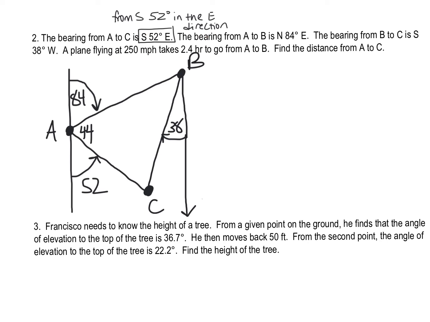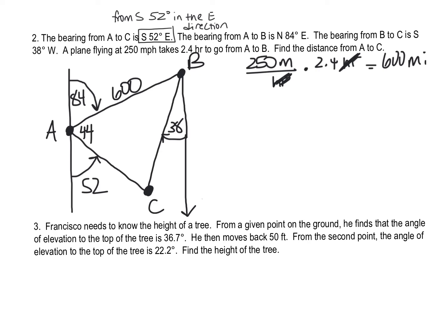So let's go back to chapter 1, when we learned how to do conversions to figure out an actual distance from A to B. So if it takes 250 miles per hour, and I multiply that by 2.4 hours, the hours cancel, and 250 times 2.4 is 600 miles. So I now have a value here, 600 miles.